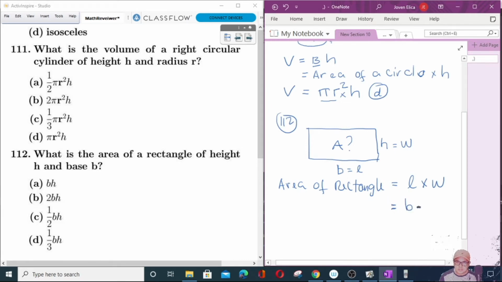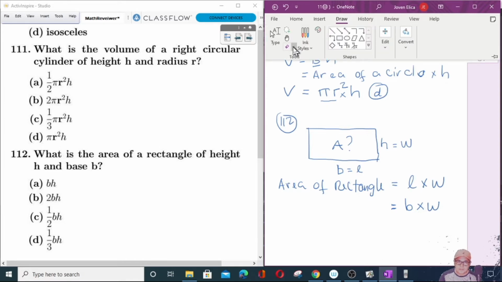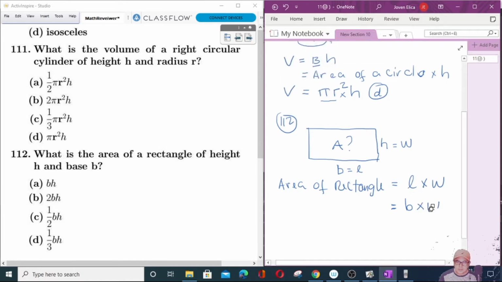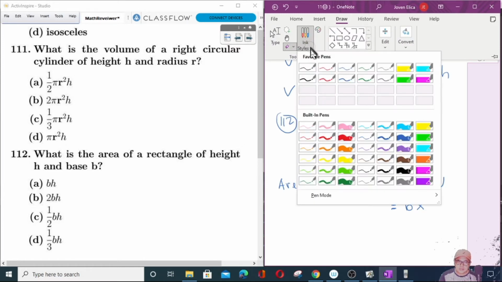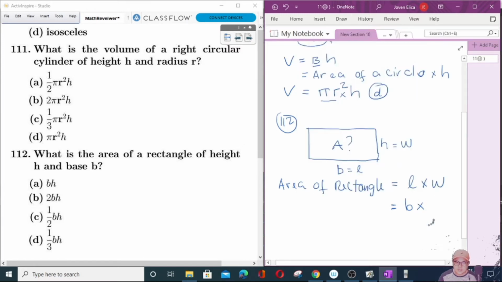The answer is base multiplied by the height, because W is equal to h. So base times height, the answer is letter A.